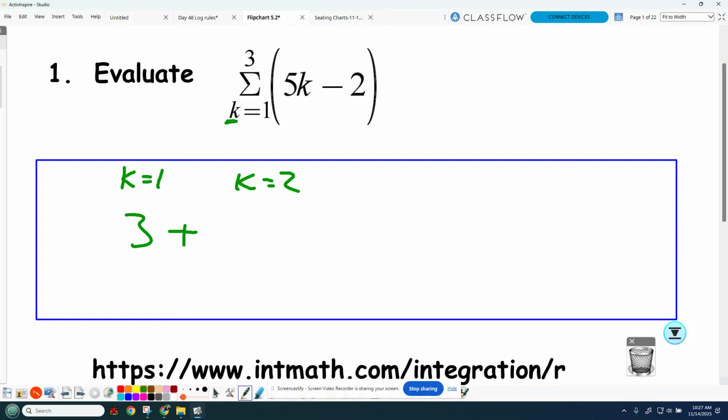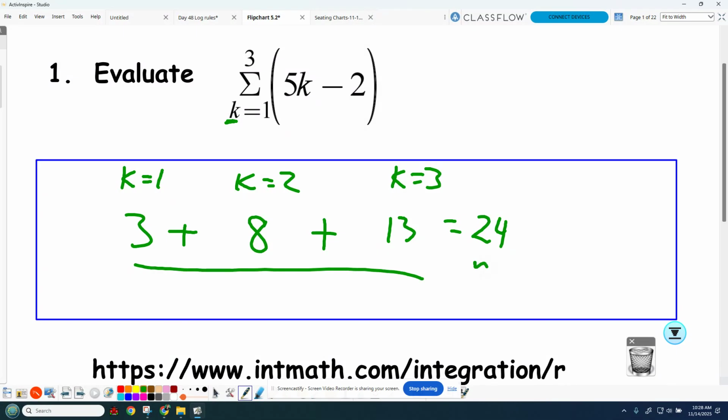At 2, 5 times 2 is 10, minus 2 is 8. Does 2 equal that top number? No. Okay, summation. Kick the index up 1. We're now processing person number 3. 5 times 3 is 15, subtract 2. Add them all together. So this is expand, that's evaluate.